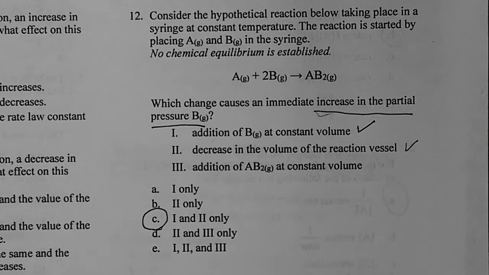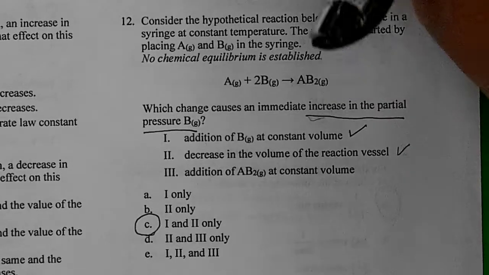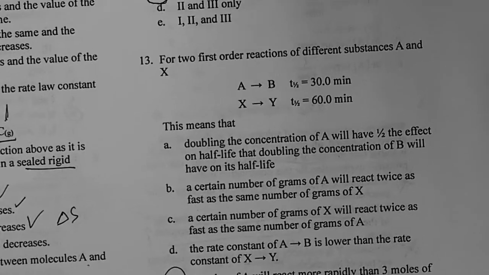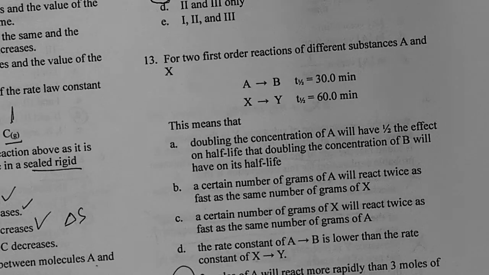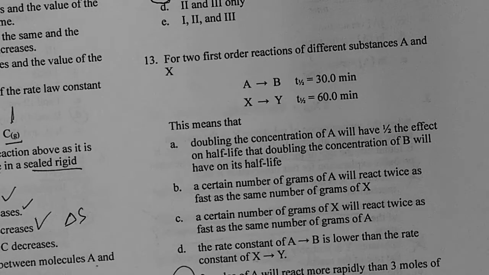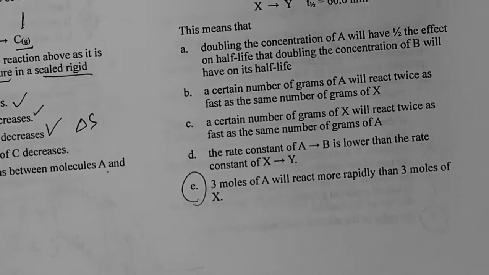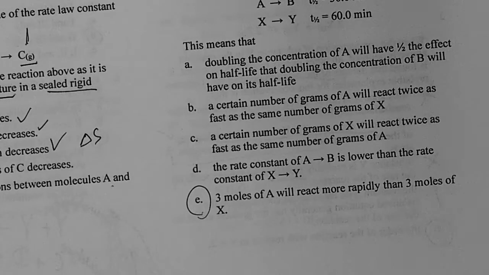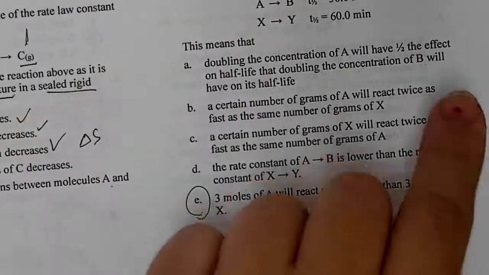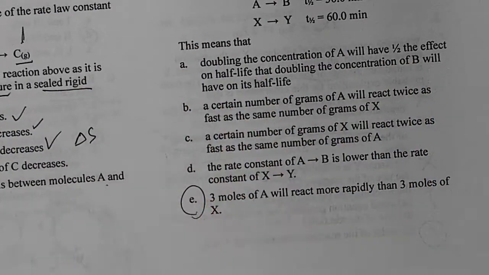Okay, 13 is E. Let's talk about why. We said for the two first-order reactions of different substances, we got this. Let's try to figure out why. You think it's A? Let me show why it's not A. Doubling the concentration of A will have half the effect on half-life.